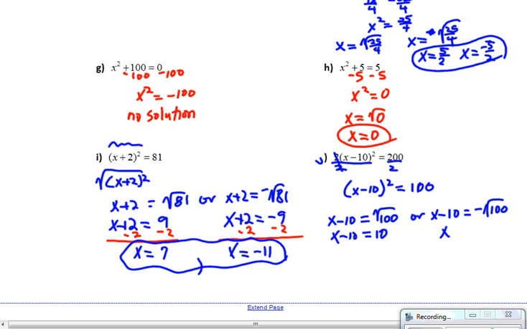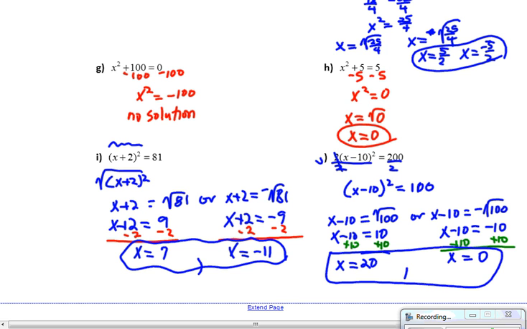Over here, x minus 10 is equal to negative 10. So we'll add 10 to both sides, and that's going to give me that x is equal to 20. Then over here, we're going to add 10 to both sides, and we'll come up with that x is equal to 0. So here are my two solutions.